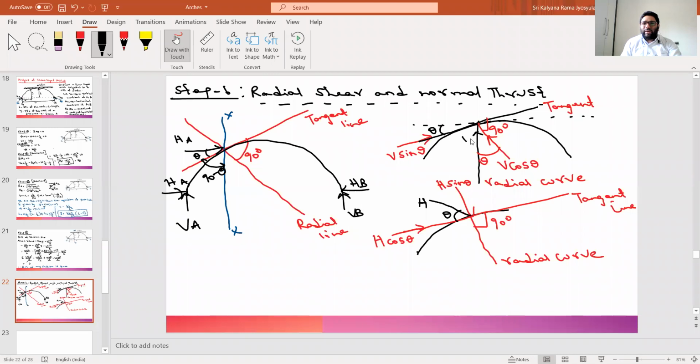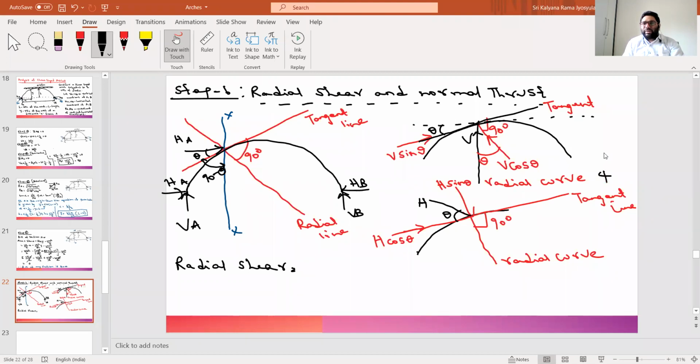Here also the same thing. Here this is V. This is V sin theta. This is V cos theta. Now here, this is H. This is H sin theta, and this is H cos theta. So now when you resolve this, radial shear is because of the vertical components.